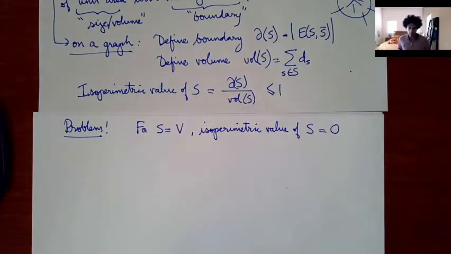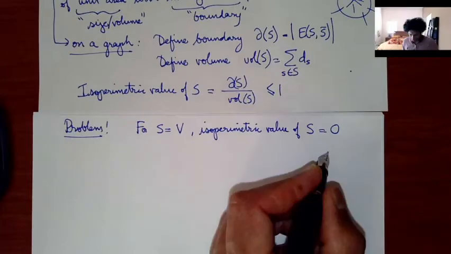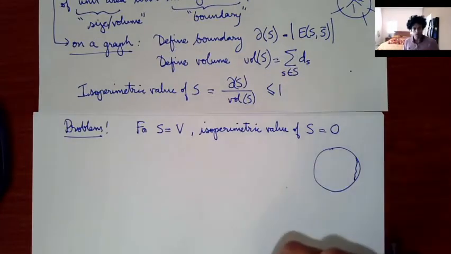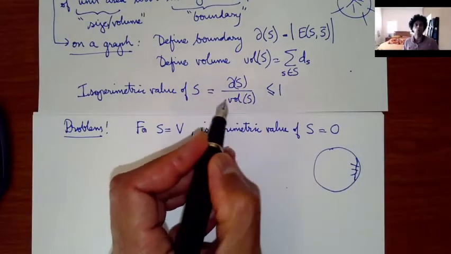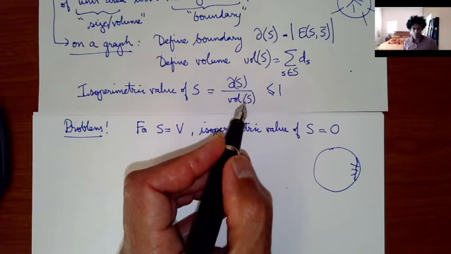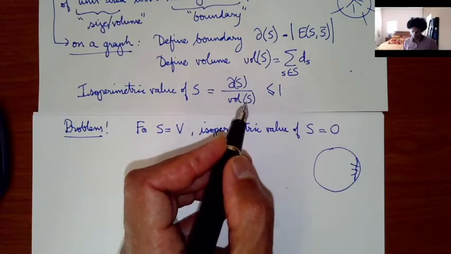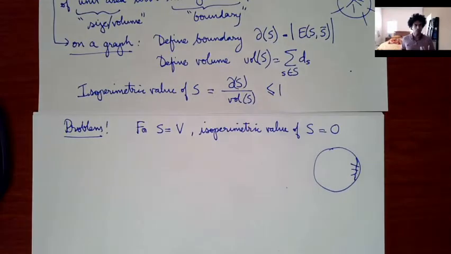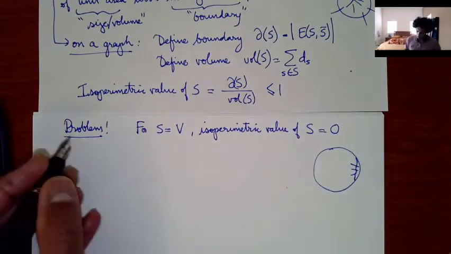So that's the trivial minimizer. If you take a set that is extremely large, even though there are a few edges going out, the volume is going to be very large. Indeed, this is starting to look a bit like min-cut, because essentially this is biasing towards large sets.